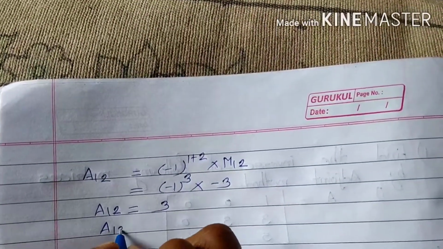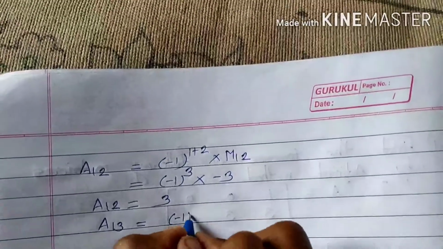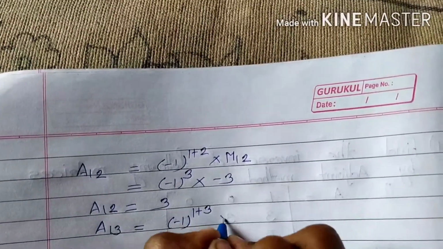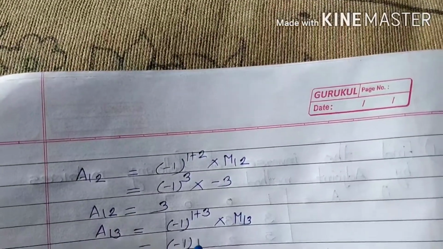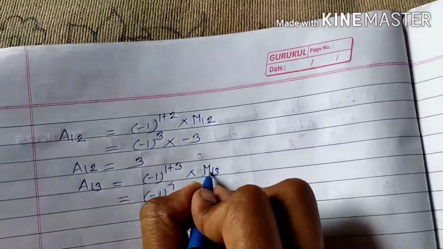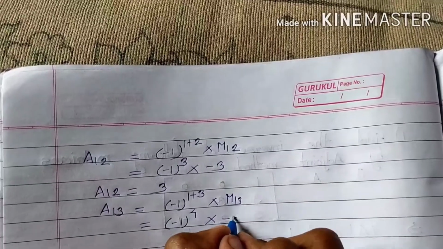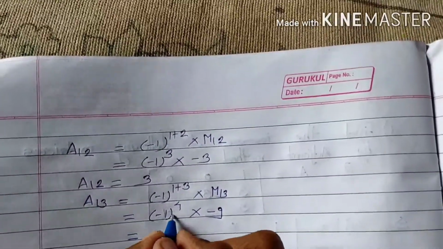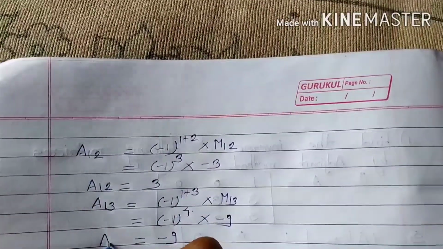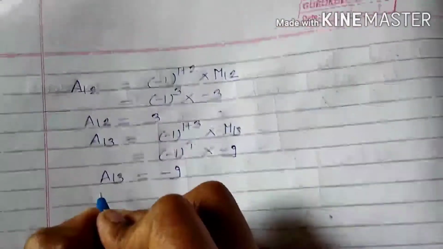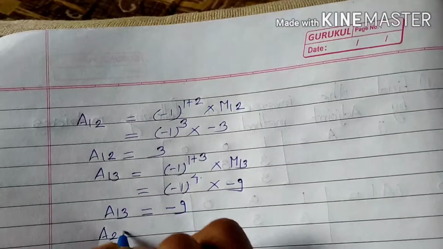Next, A13, minus 1 raised to 4, M13 is minus 9, minus 1 raised to 4 is plus 1 into minus 9, minus 9. So A13 is minus 9.